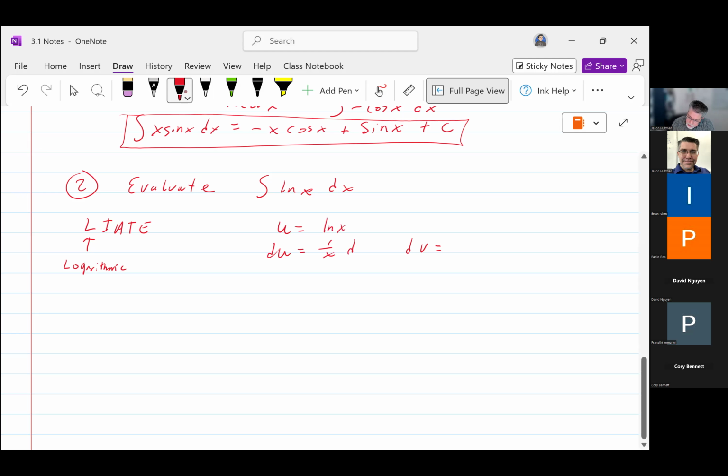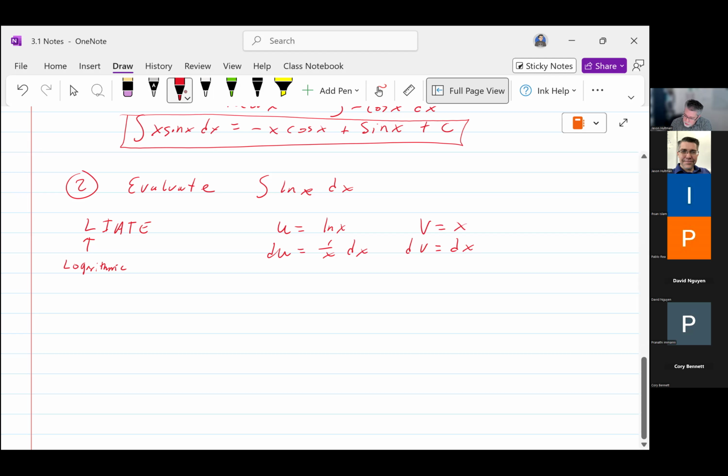It's 1 over x dx. So what should my dv be? A 1. It could be 1 dx, right? And what's the integral of just 1? X. Yeah, thank you.